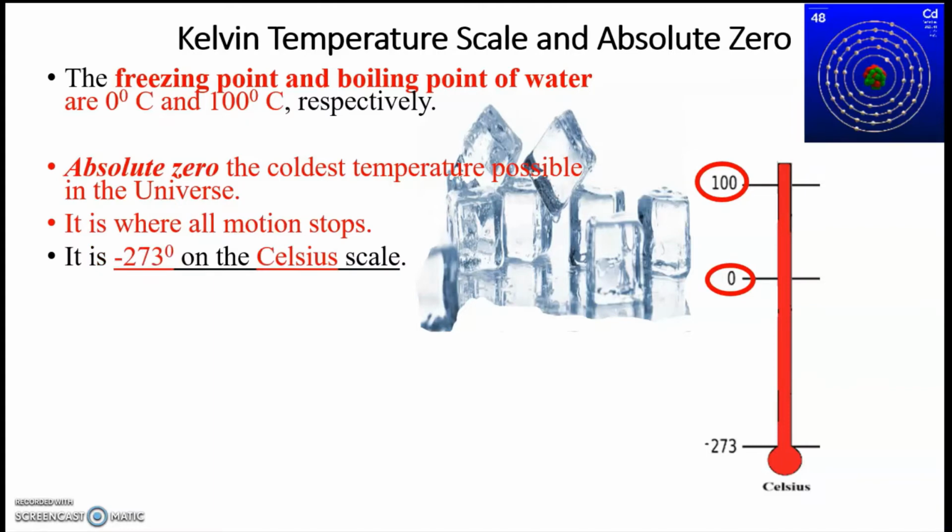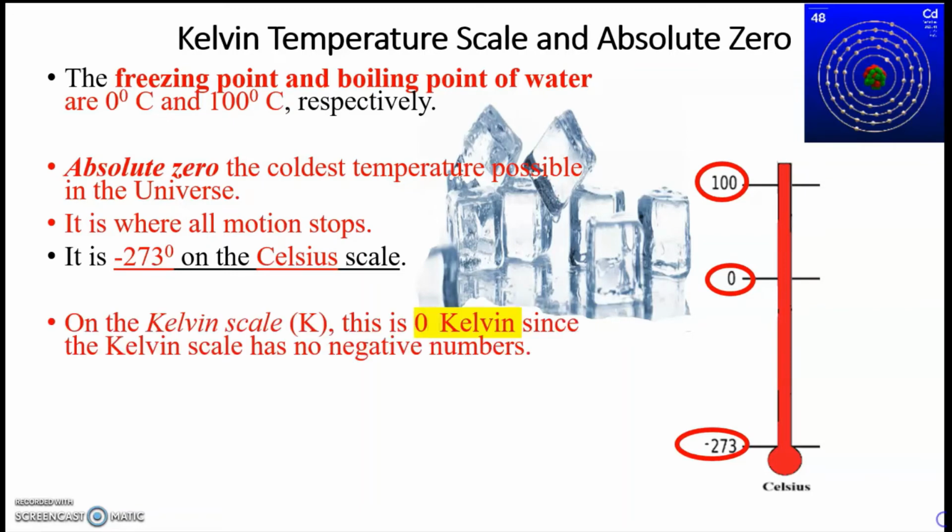The thing that you need to remember, probably the most important thing of this entire presentation, is that negative 273 degrees Celsius is absolute zero. You will need that to figure out a bunch of other stuff that will be important. All right, so negative 273. And the Kelvin scale, which is the other thing we're going to be talking about, is just about identical to the Celsius scale, with the single exception that the zero for the Kelvin scale is at absolute zero instead of being at the freezing point of water.